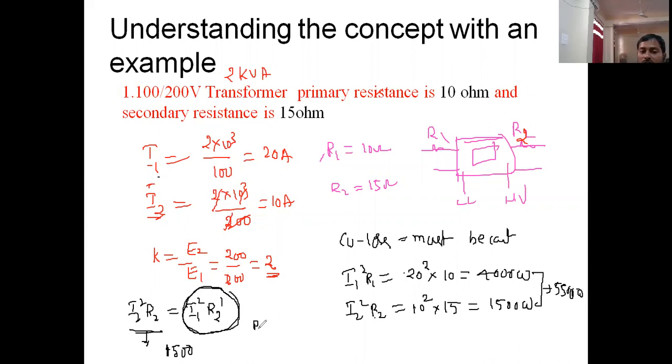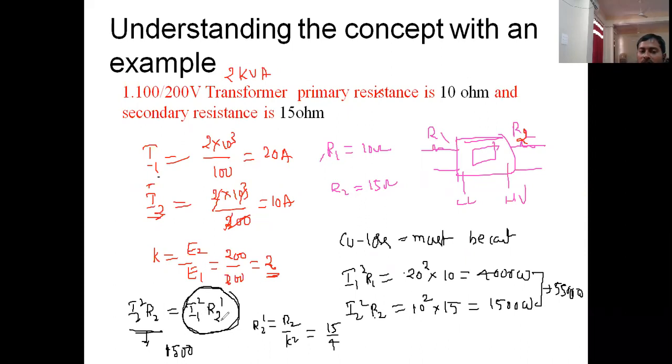So R2 dash is equal to, what is the formula? R2 by K square. R2 is 15, K is 2, so 2 square is 4. So 15 by 4.